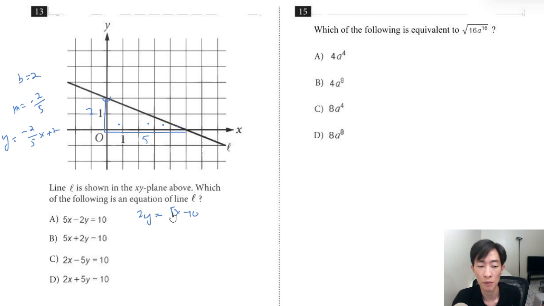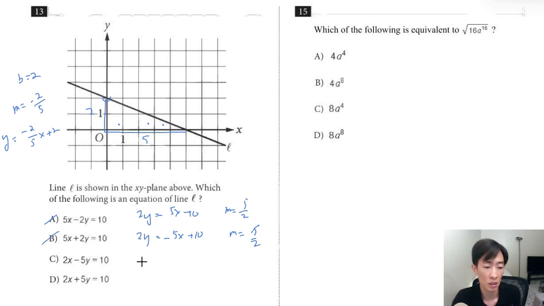You're going to get positive 5 over 2 for the slope. So A is not going to work because we need negative 2/5. Do the same thing here. Subtract 5x from both sides. We get 2y equals negative 5x plus 10. Divide by 2. The slope is going to be negative 5 over 2. Again, not what we need, so B is out.